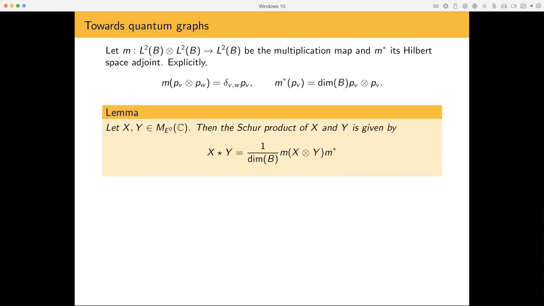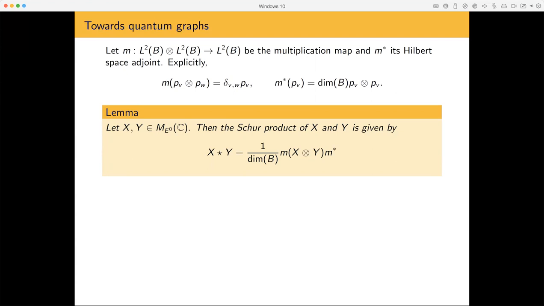Then I claim that the Schur product of two matrices, if you view them as operators on L2 of B, is given by this formula. On the right-hand side, only the algebraic structure appears.